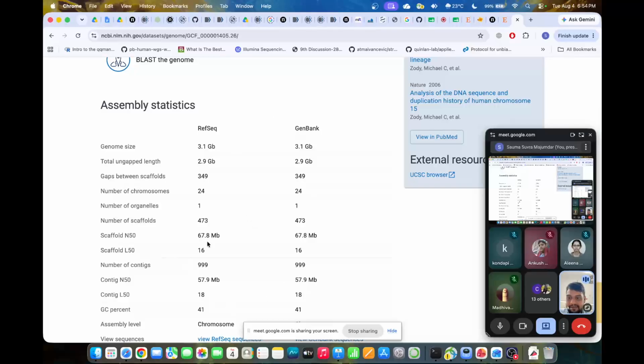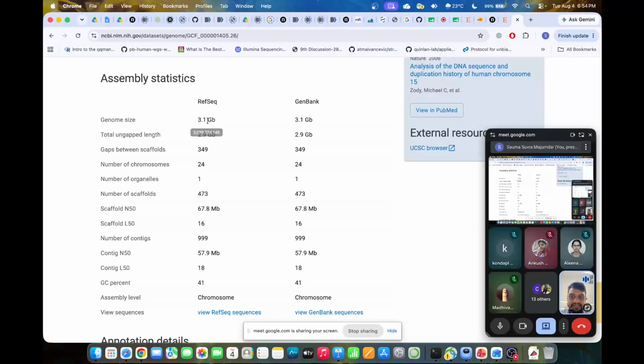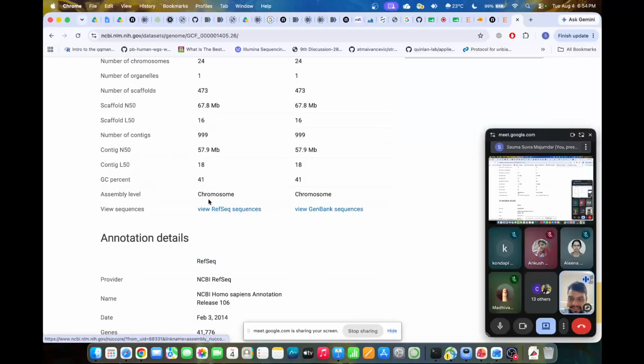If you look at the length, it's around 3.1 GB. The ungapped length is 2.9 GB, so 0.2 GB is still gap. Then you have the number of chromosomes, 24 including the Y chromosome as well, and the N50 length, the assembly level, and so on.